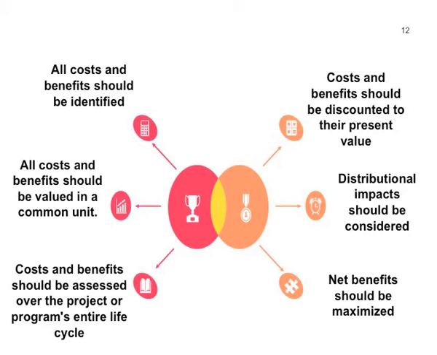Costs and benefits should be assessed over the project's or program's entire life cycle, because in university libraries or any academic libraries, when we procure anything and we do stock verification, like we take stock of our holdings, and if there is anything missing from the library, it is part of the process throughout the entire life cycle of the library.